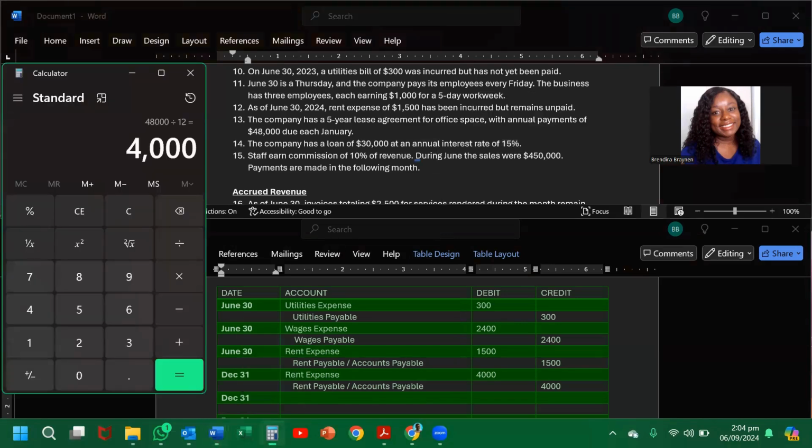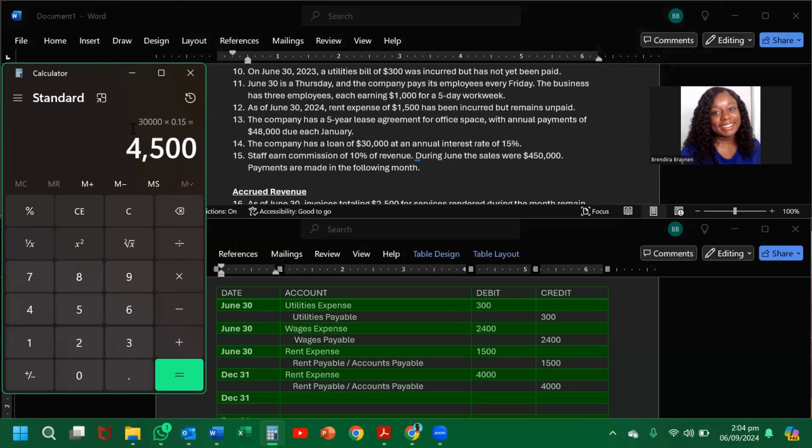And so if I wanted to figure out how much my interest is, let's say I'm trying to figure out my interest expense for the month of December, using simple interest in this case, I would take the 30,000, multiply it by the rate, 15%, 0.15.